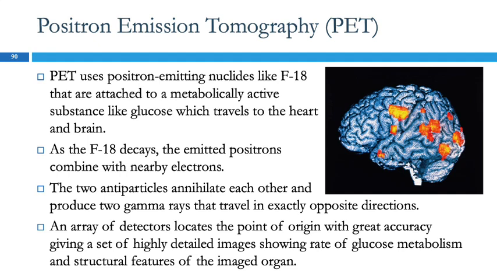And when those two antiparticles annihilate each other, they produce two gamma rays. And those gamma rays go in exactly opposite directions. So you've got positron and electron annihilate each other, and they go in opposite directions. Because of that, we can tell by scanning all around where they came from.